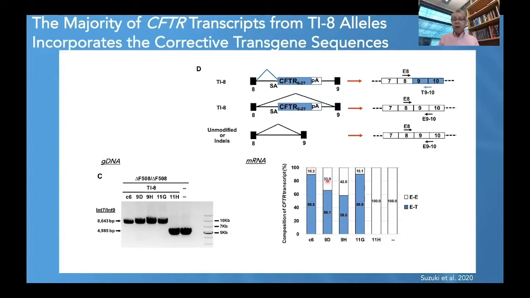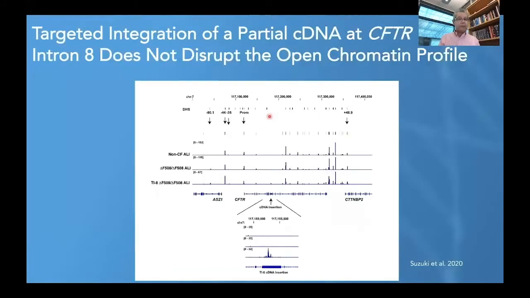But we did see, depending upon the clone, some level of message that really reflected simply splicing across the transgenic sequences, giving rise to the mutant. So this may help explain why that level of restored CFTR function was not quite as high as we were targeting. But there are things we can do to optimize, if you will, the specific splicing into the transgene sequences.